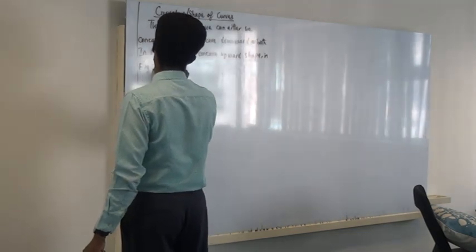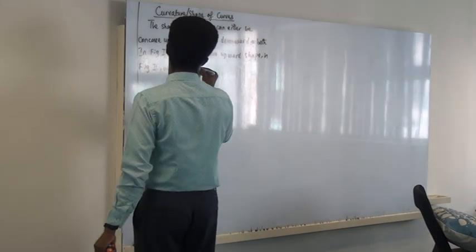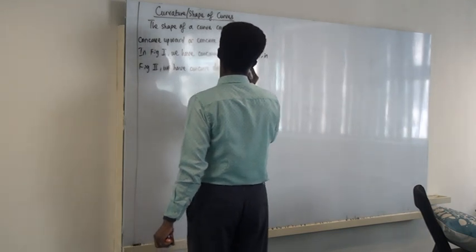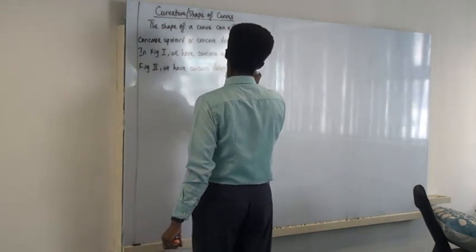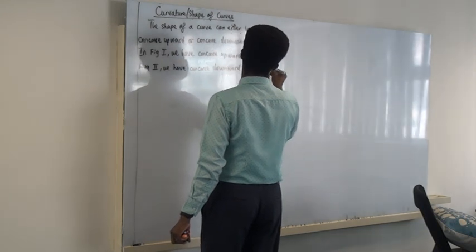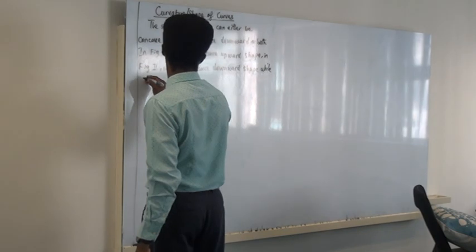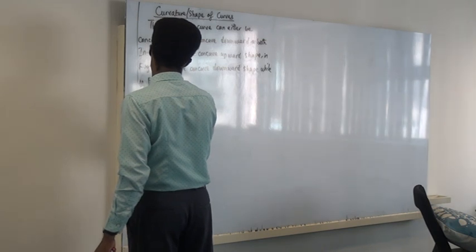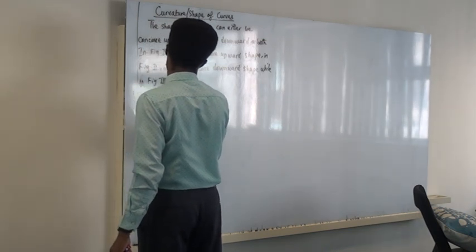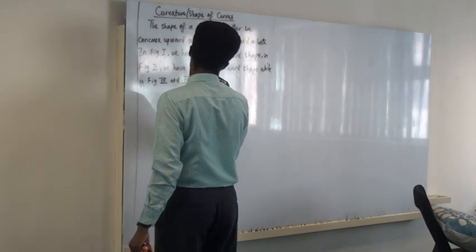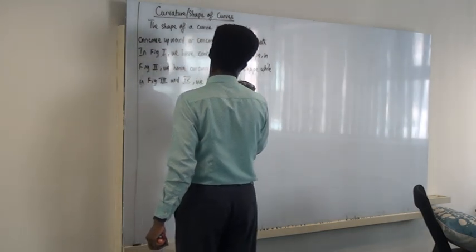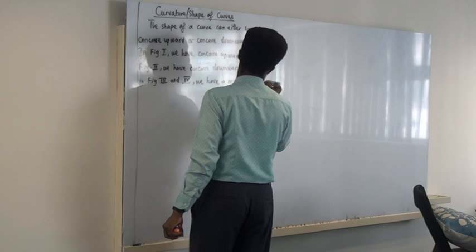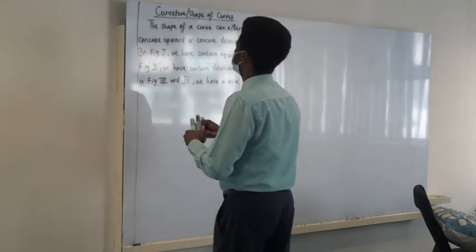Figure 2, we have a concave downward shape, while in figures 3 and 4 we have a mixture of shapes. So let's take note of that.